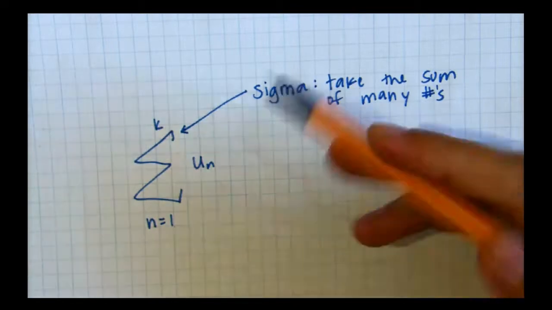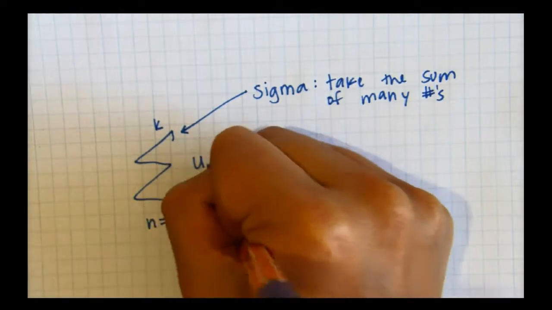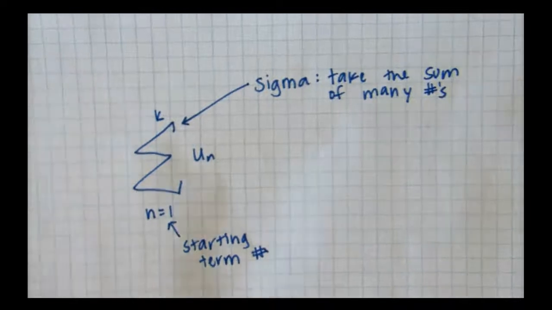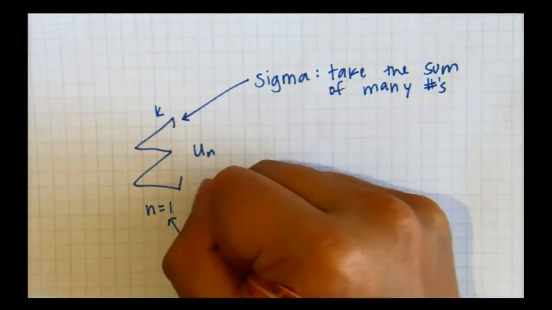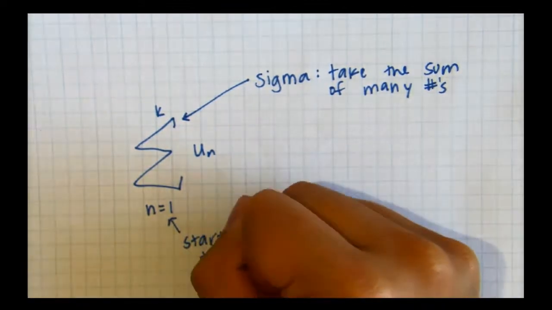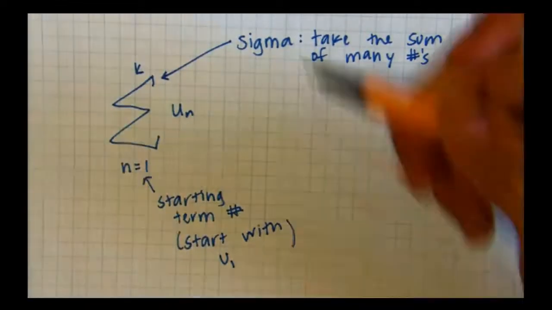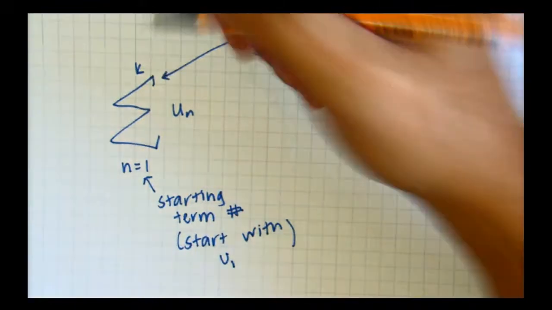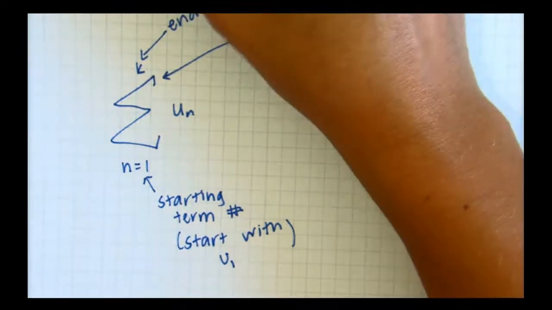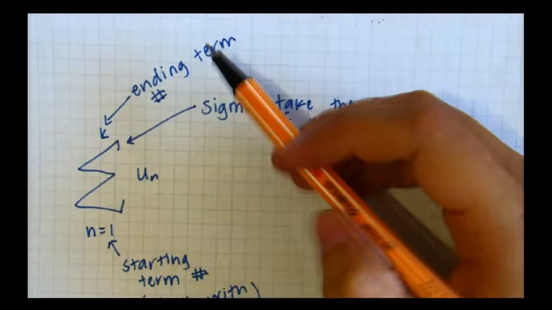This bottom number is always going to be your starting term number. So for example, this would tell me to start with u sub 1. Versus your top number tells you the ending term number.